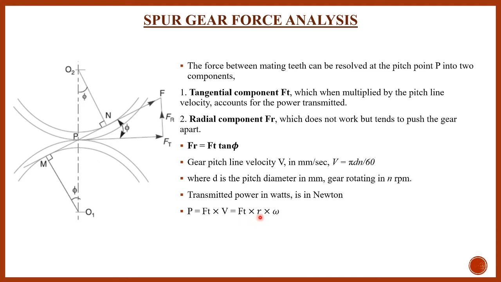V is equal to R into omega, where R is the pitch circle radius of this gear, O1P, into its angular velocity omega 1. Otherwise, you can also write it as R into omega 2. In this way also, we will find out the total power.